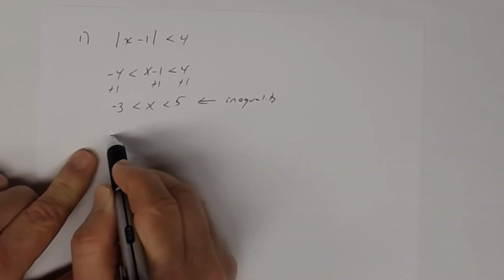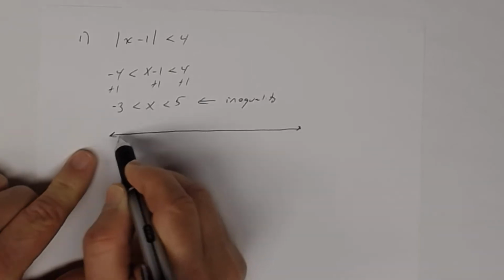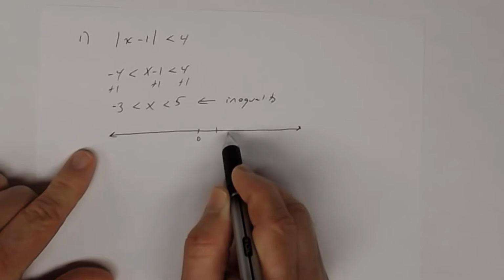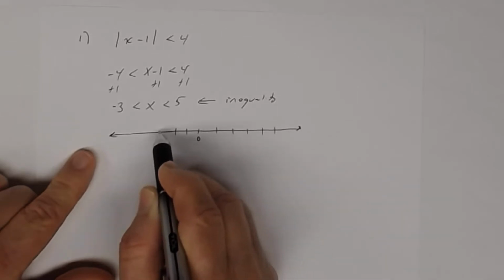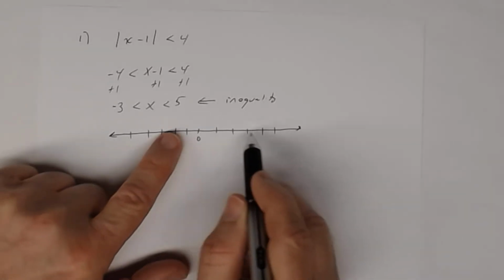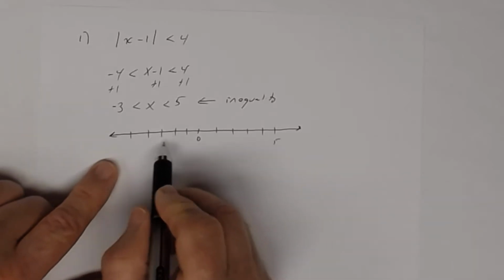In terms of a graph, if you have to graph it by hand, then draw a number line, make sure you put 0, and let's say I need 5: 1, 2, 3, 4, 5. So this is 5. And here's -3: 1, 2, 3.